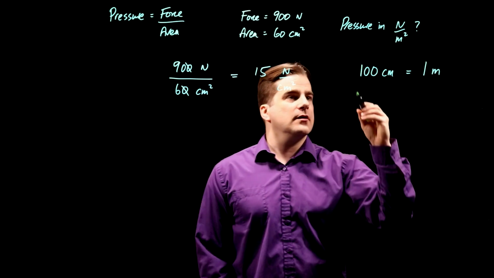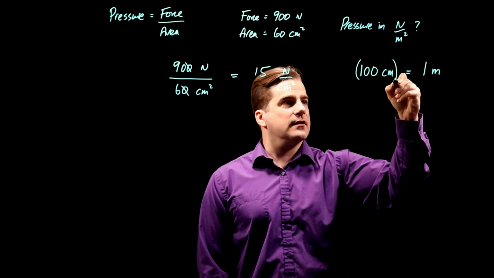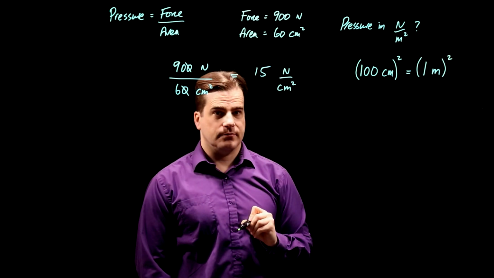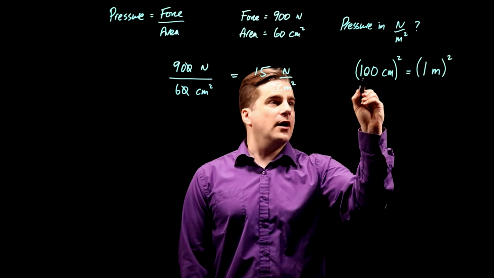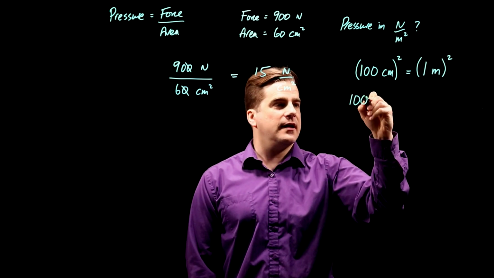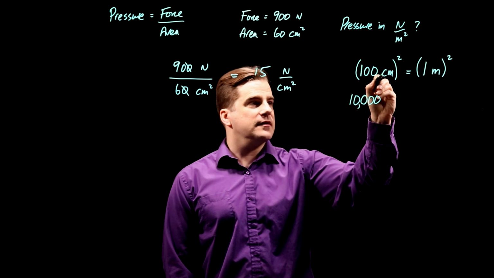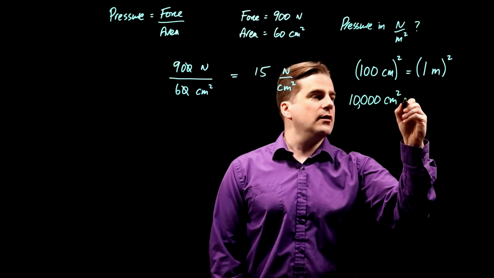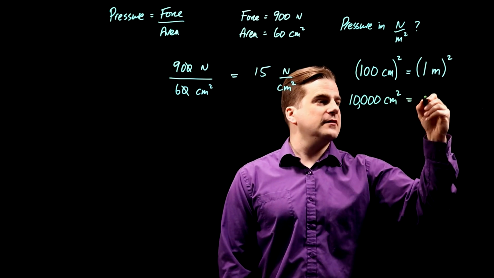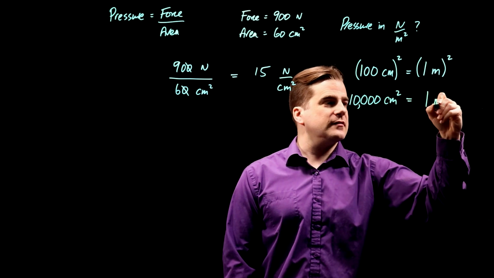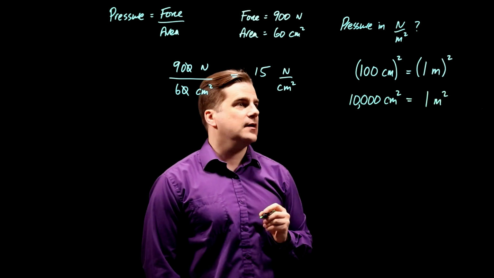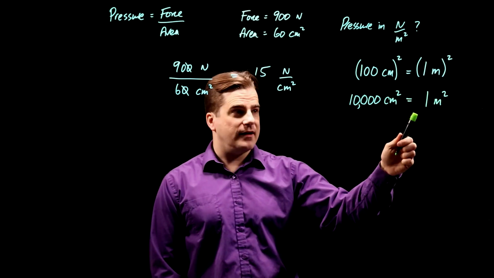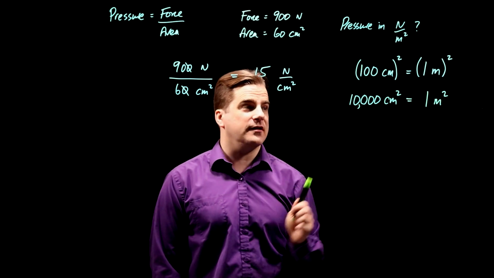So we're going to square everything on the left and everything on the right. 100 times 100 is 10,000. Centimetres times centimetres is centimetres squared. On the right, 1 times 1 is 1. Metres times metres, metres squared. Okay? So 100 centimetres is 1 metre, but 1 metre squared is 10,000 centimetres squared.